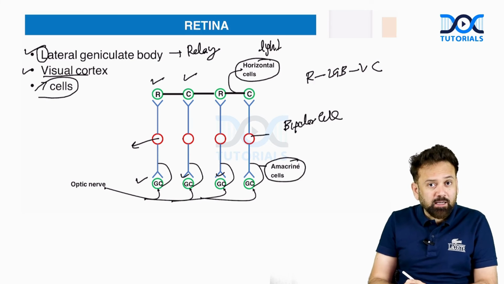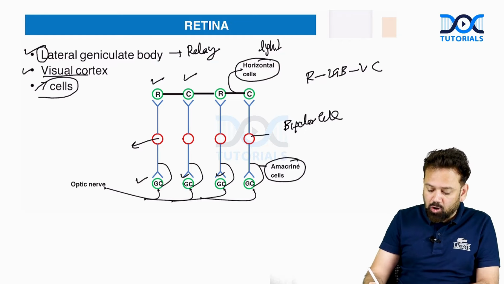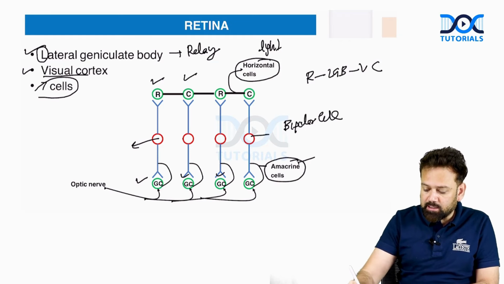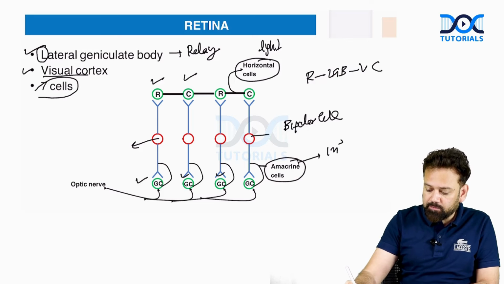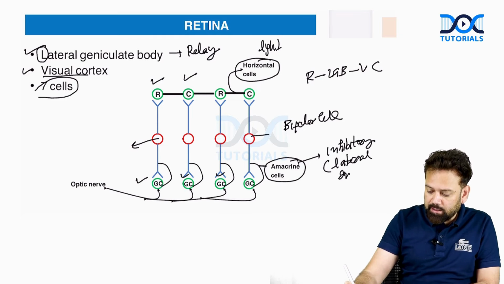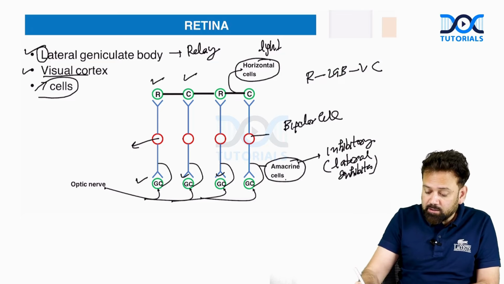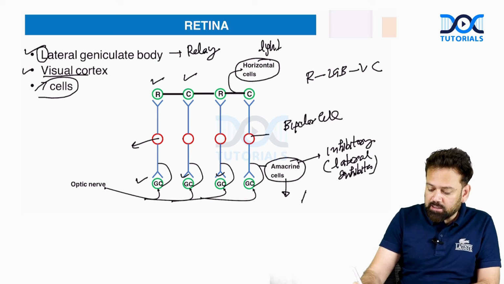Now amacrine cells are excitatory or inhibitory? Answer is that they are inhibitory. They cause lateral inhibition. How? By releasing which neurotransmitter? Answer is by releasing acetylcholine.